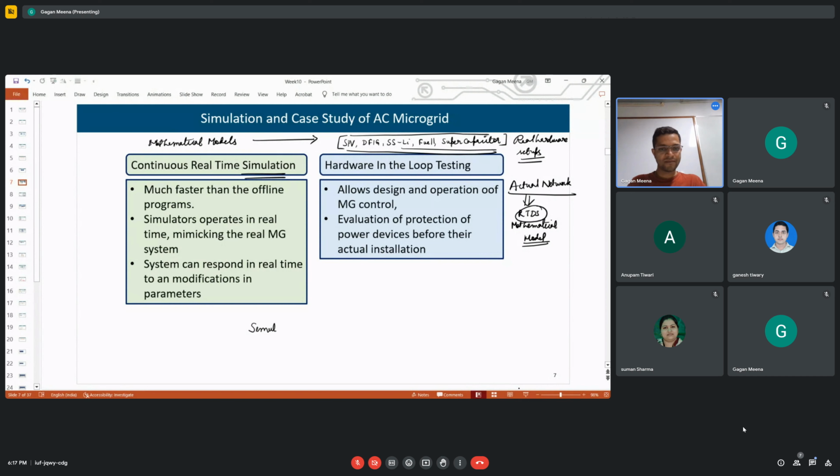So after simulation and testing, we will do the actual installation.